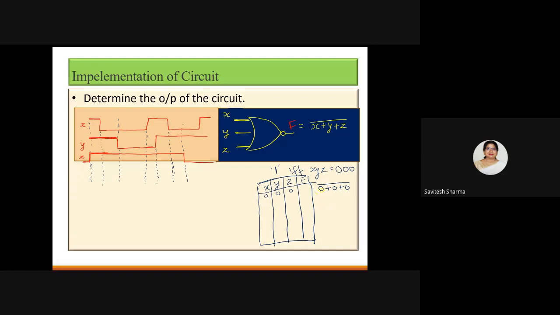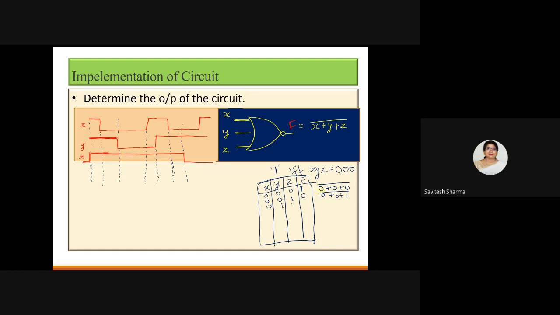All inputs are 0, so the result will be 0, and the complement of 0 is 1. The next combination is 0 0 1, so that means 0 plus 1 complement. And you know the property that 0 plus 1 is 1 and the complement of 1 is 0.